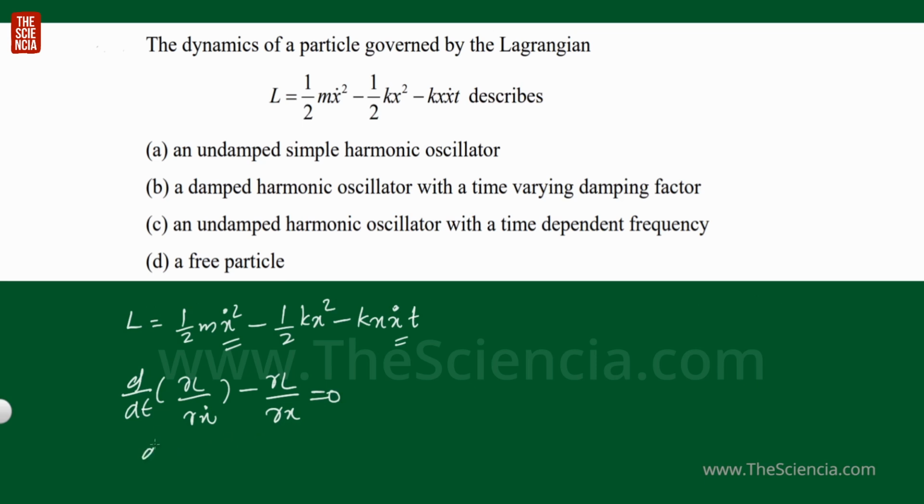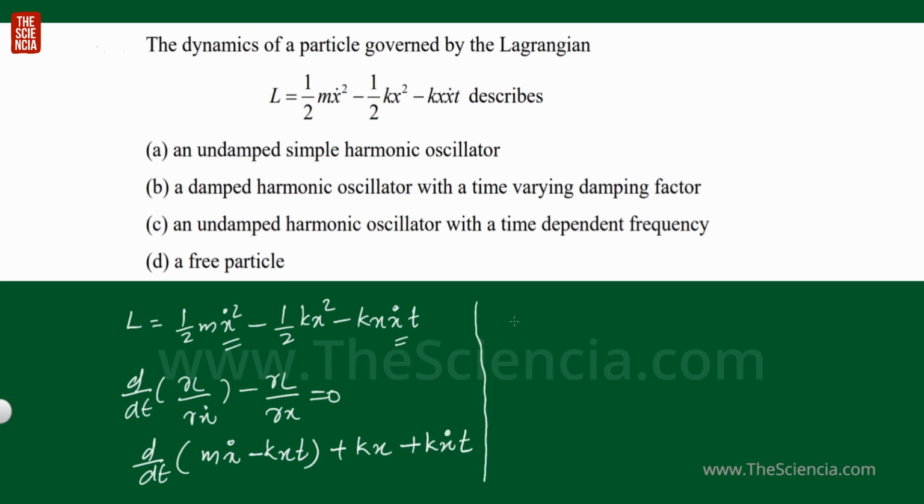Then what will be this value? d by dt of dou L by dou x dot, that is m x double dot, and here also x dot is there, therefore minus k x dot t. Then minus dou L by dou x, so that will be plus k x, and here also there is an x term, so we get plus k x dot t.